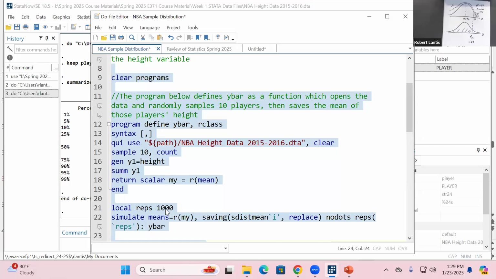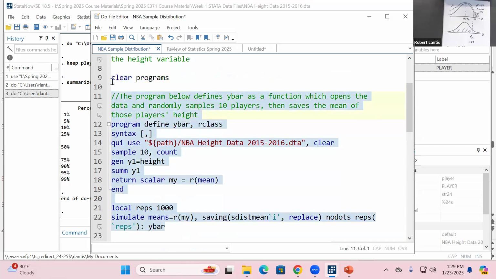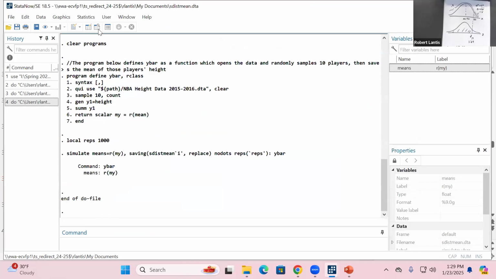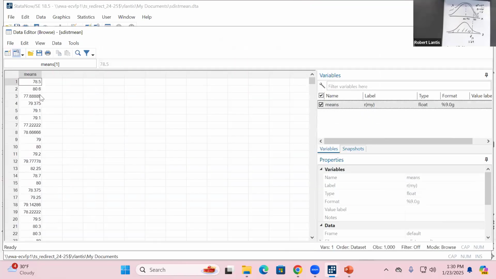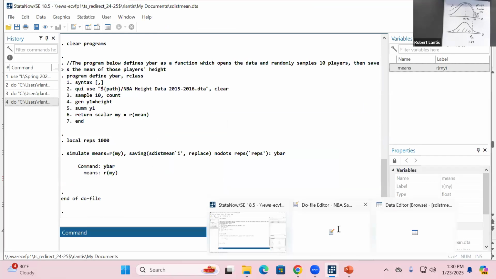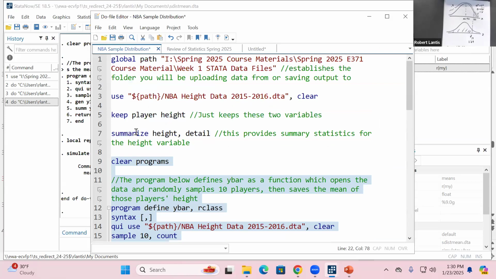So let's say I run this program. It takes a second. Notice, here's all of my sample means. If I have this data set with 1,000 different sample means in it, how can I find the mean and the variance of those sample means? What command could I use? We just used it up here.